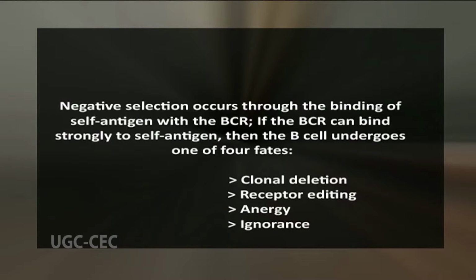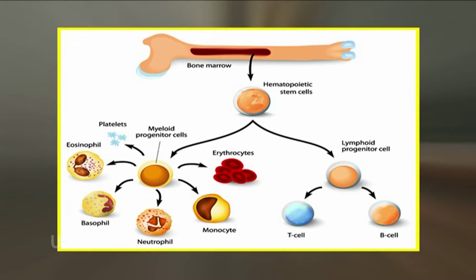Negative selection occurs through the binding of self-antigen with the B cell receptor. If the B cell receptor can bind strongly to self-antigen, then the B cell undergoes one of four fates, that is, clonal deletion, receptor editing, anergy, or ignorance. This negative selection process leads to a state of central tolerance, in which the mature B cells do not bind with self-antigens present in the bone marrow.